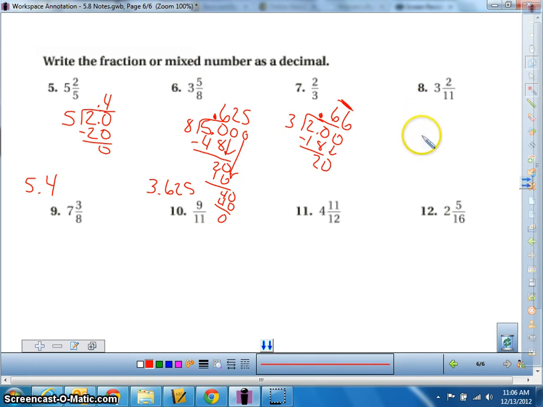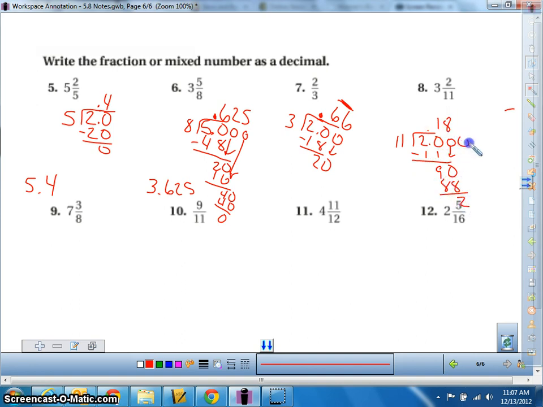How about this one? 2 divided by 11. 2.0 is what I need. So 11 can go into 20 one time. 20 minus 11 is 9. Bring down a 0. And 11 can go into 90 8 times. So let's get an 8 up here. 8 times 11 is 88. 90 minus 88 is 2.